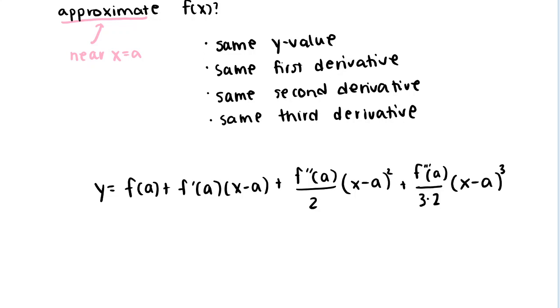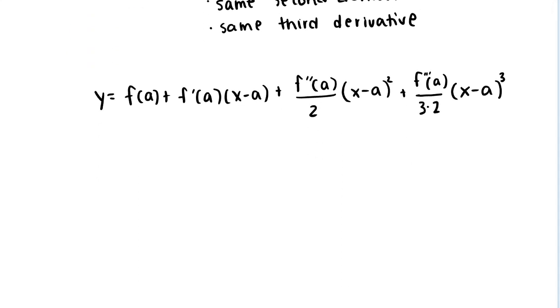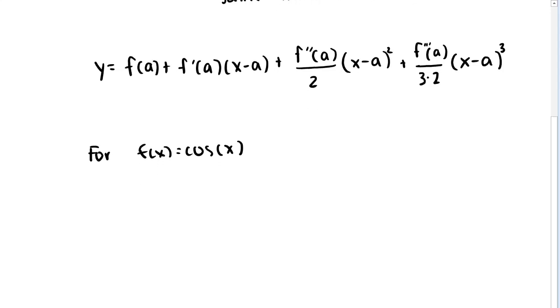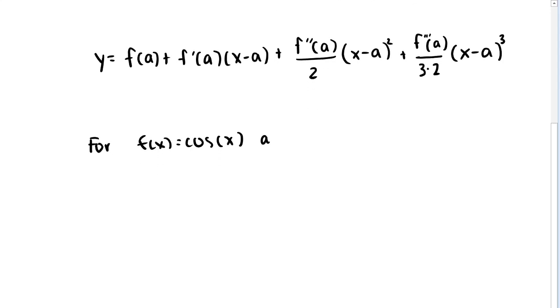And so let's come up with this cubic polynomial for our cosine function. Let's do this one more time before we talk about this really in full generality. So here, we already figured out that for f of x is equal to cosine of x at x is equal to pi over 3, this cubic polynomial. So we already came up with part of it, right?